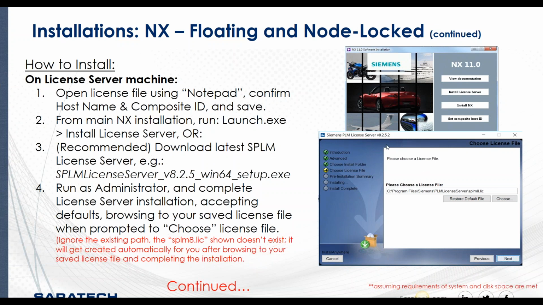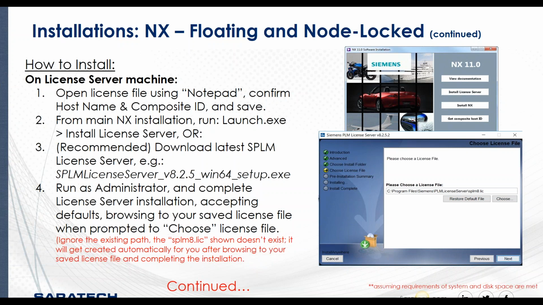So you're going to download that, and it's easy to get the most updated SPLM license server. You can either contact your local applications engineer here at Saratech through support@saratech.com, or you can even go through the Siemens download folder yourself.